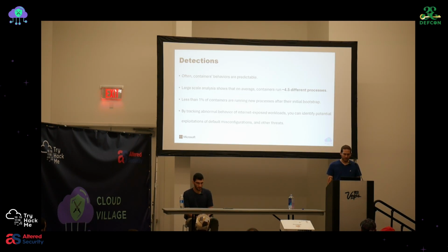Our large-scale analysis showed that on average, containers run 4.5 different processes, and less than 1% of the containers run new processes after their initial bootstrap. So by tracking the behavior of containers, for example by using eBPF tools, you can try to identify anomalies in the container's activity and potentially identify exploitations of misconfigurations and other threats.